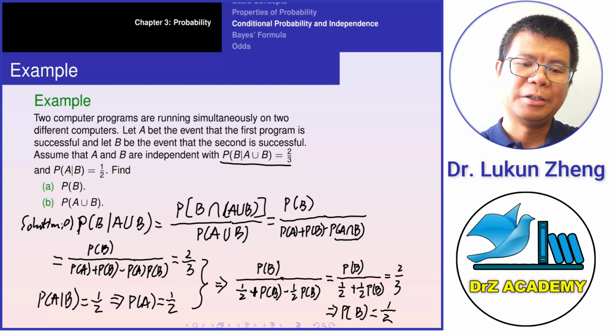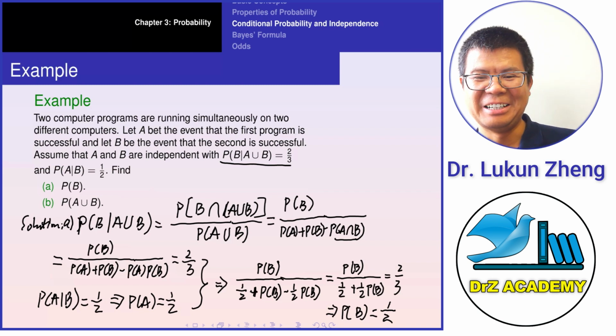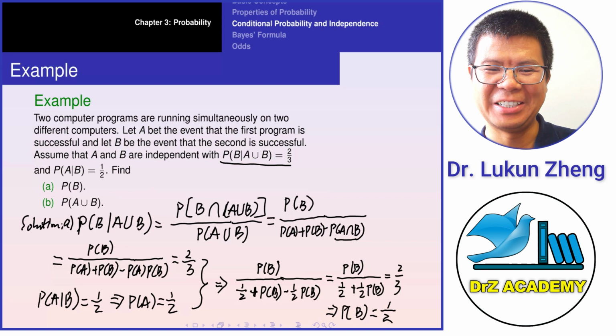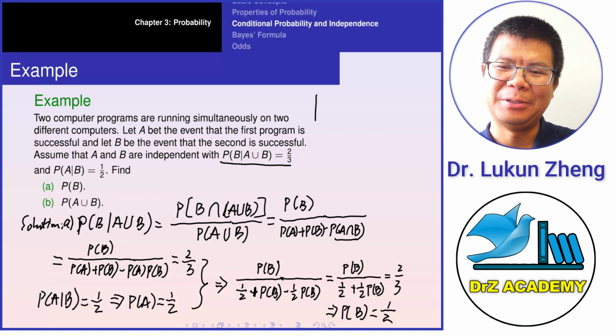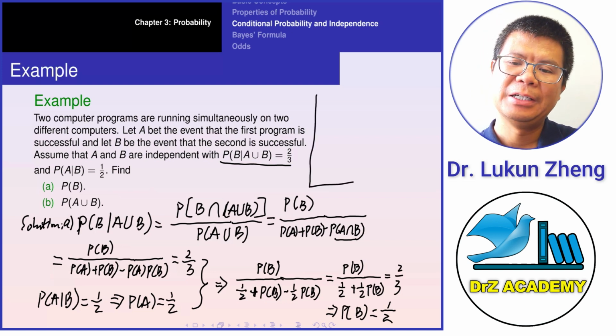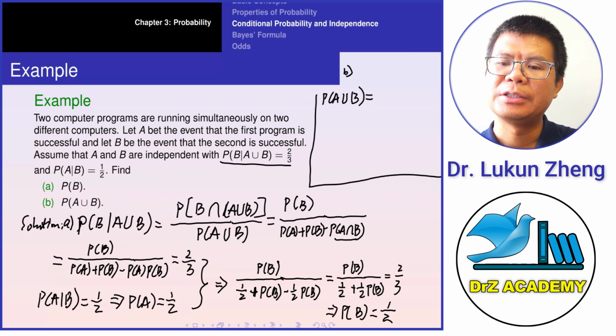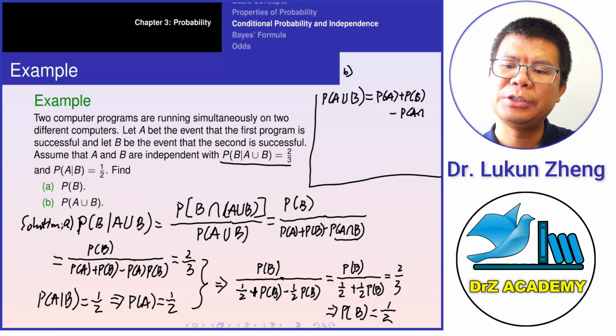You do need some algebra here, otherwise it's not going to be easy. The next one is simple: just use the addition rule. P of A union B, which is part B, is P of A plus P of B minus the probability of their intersection.